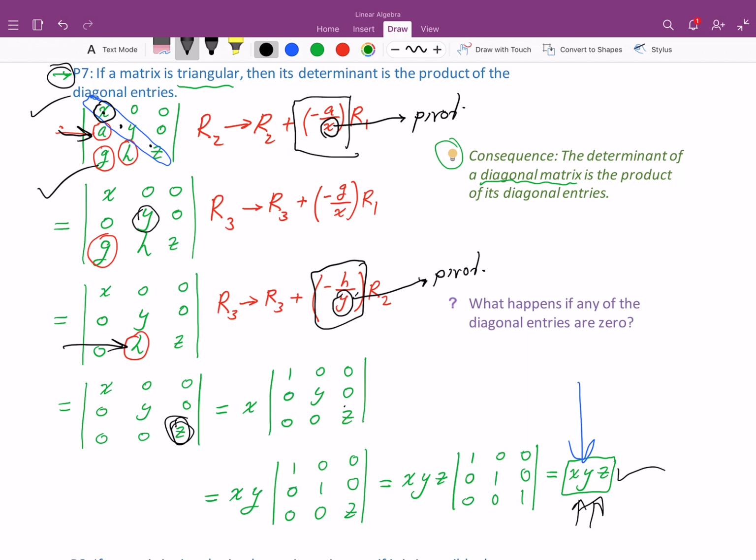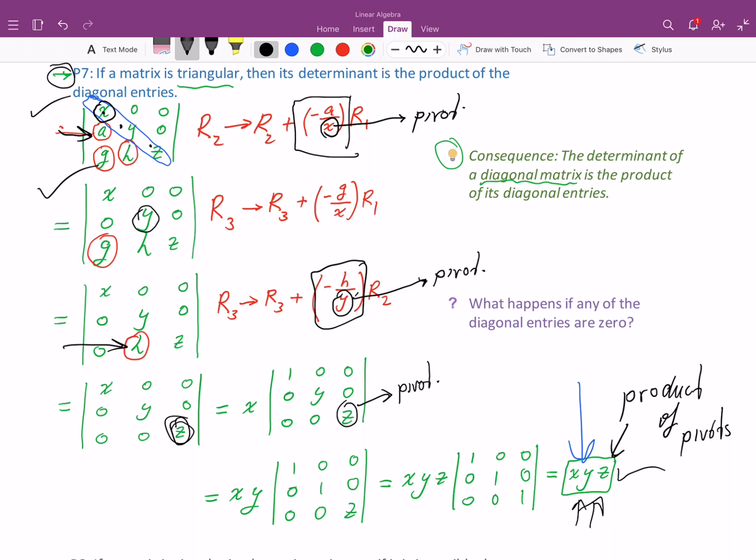So z is another pivot. And so an interesting way to look at this is that we got a product of pivots as our determinant. This is actually generally true. The determinant is always the product of the pivots if it's invertible.